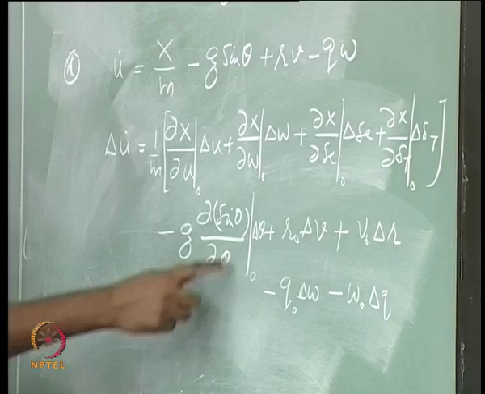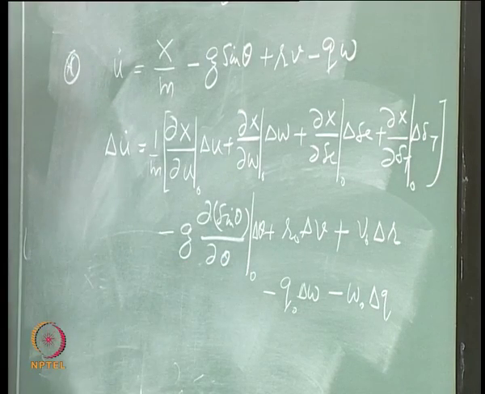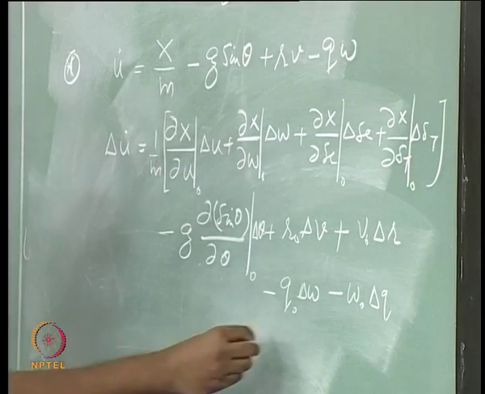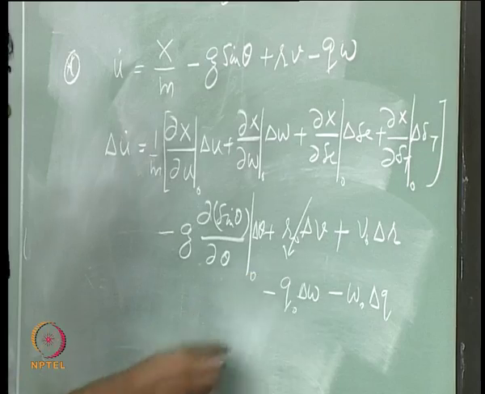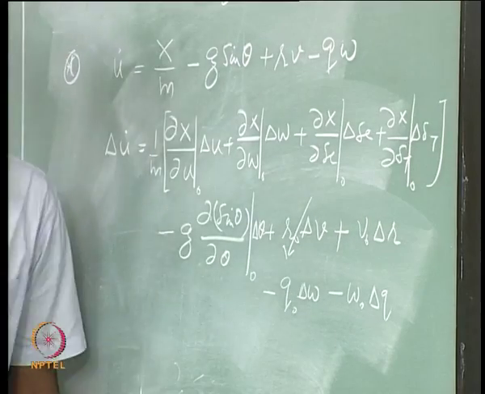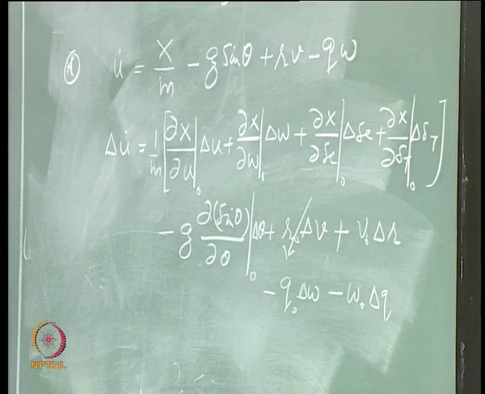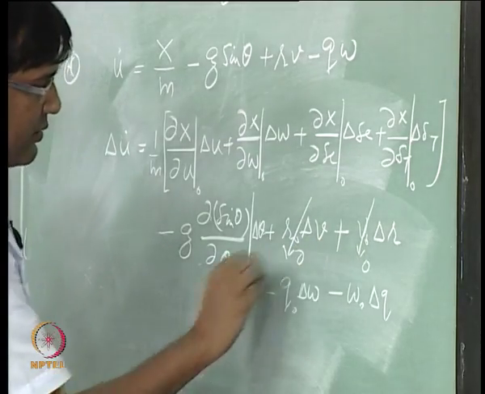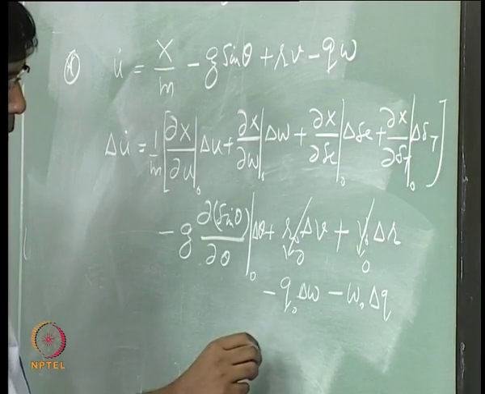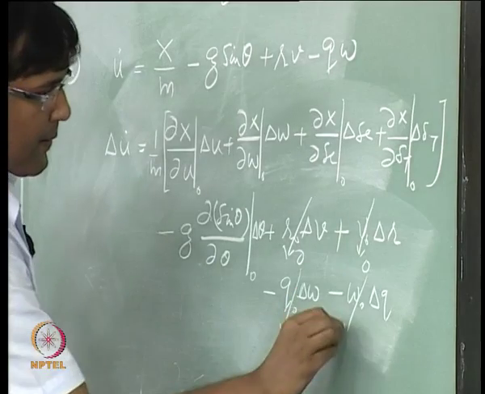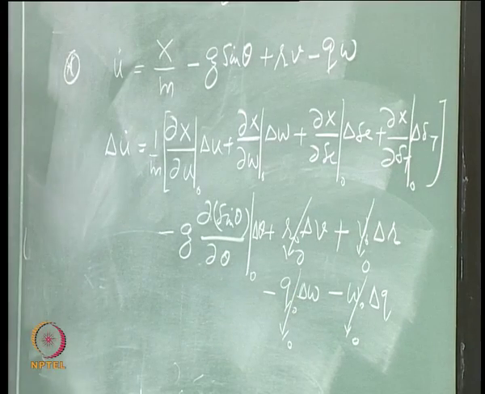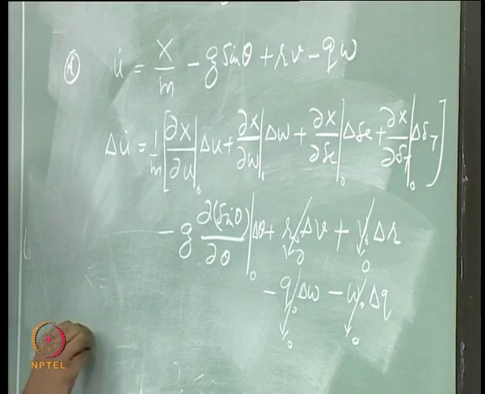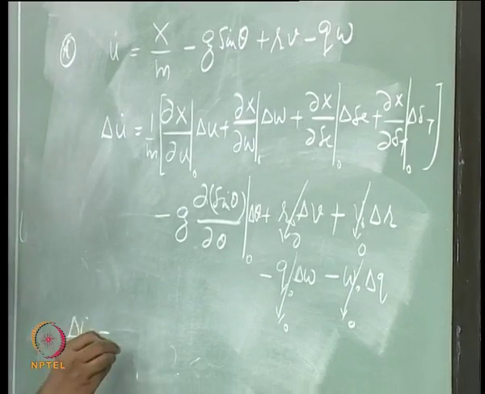So, this is cos theta naught, and we can drop these terms because their values at the equilibrium flying condition is 0. So, what you get is the same equation as 1.